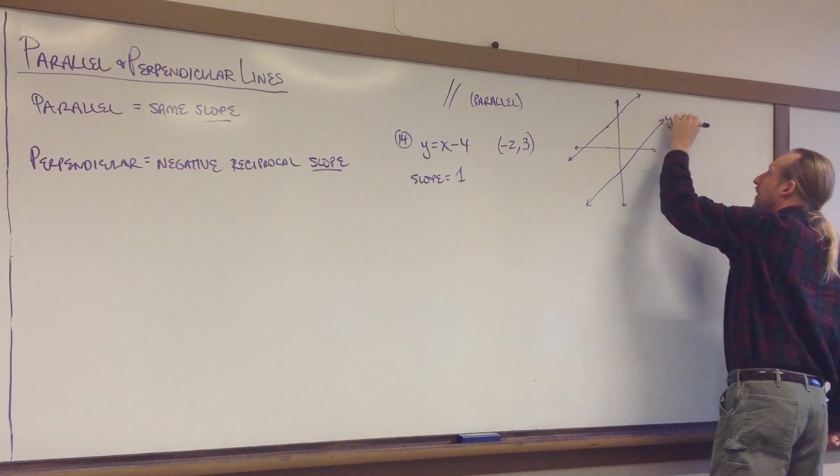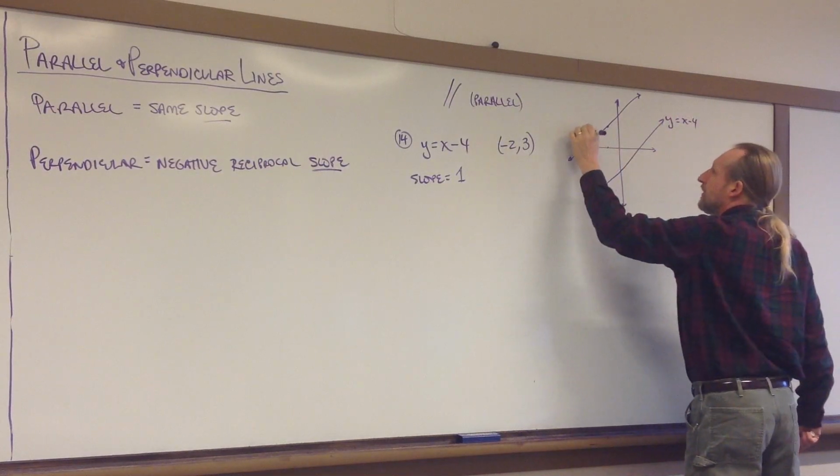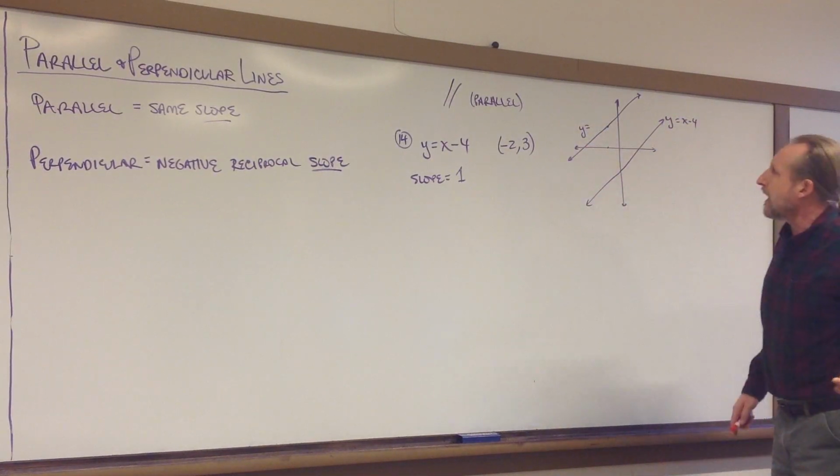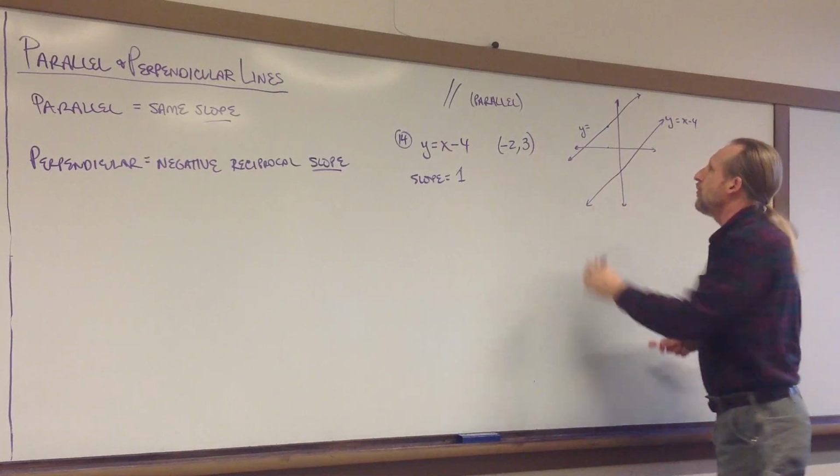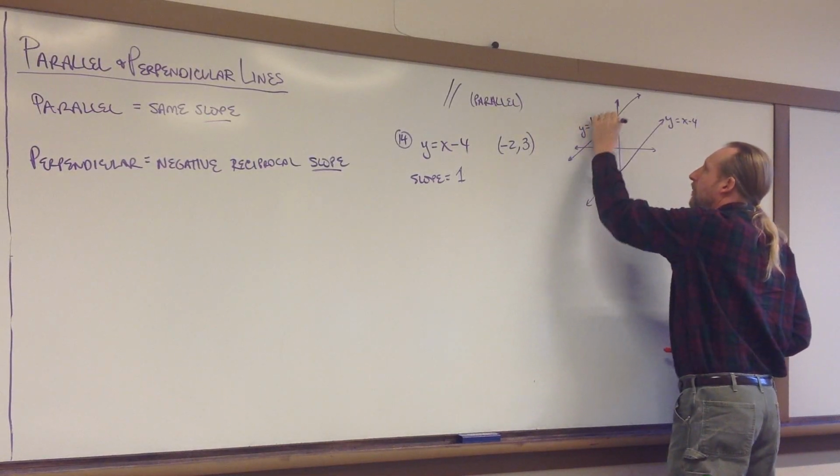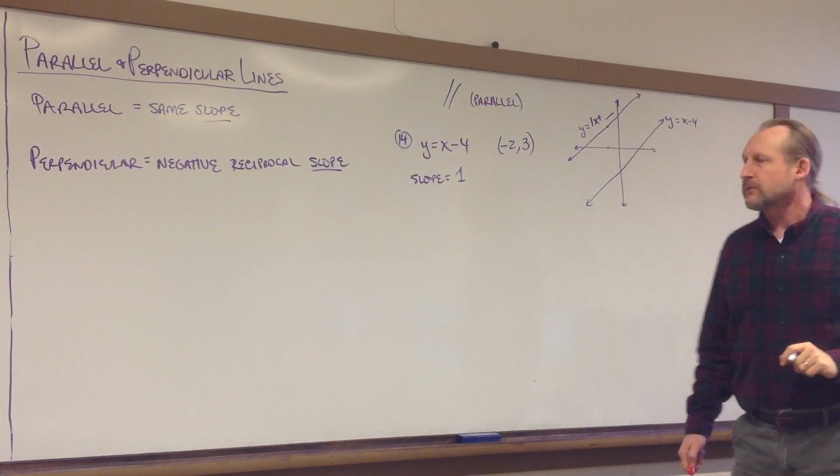So this is the line y equals x minus 4. This is on some other line. Its slope is going to be 1, but we don't know what the y-intercept is.